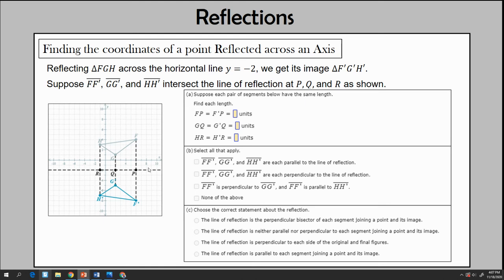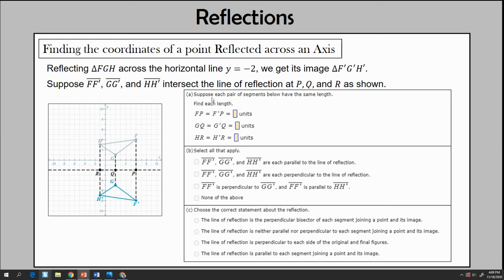Suppose that F to F prime, G to G prime, this dashed line, and H to H prime intersect the line of reflection at their respective points, P, Q, and R. Answer the questions here. Well, remember, guys, this is a rigid transformation, okay? And we always move perpendicular to the line of reflection and away in the same line.